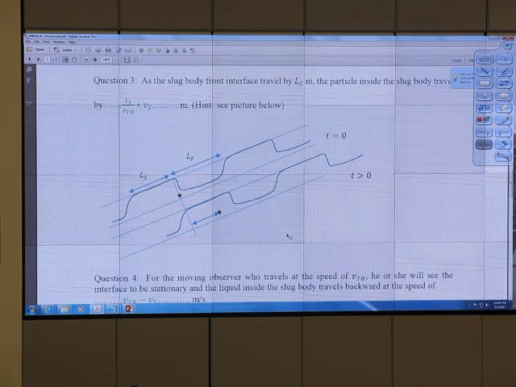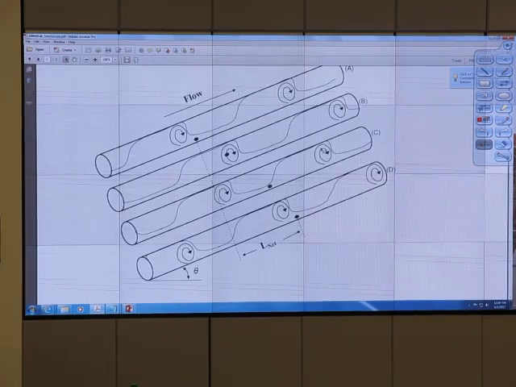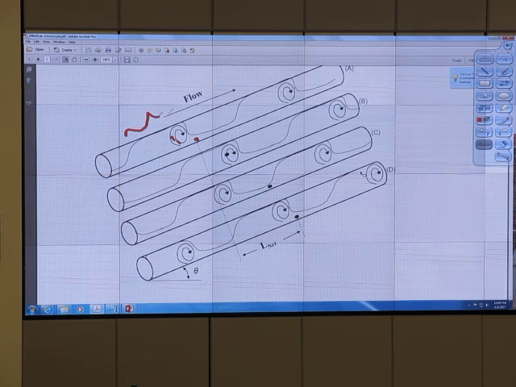What happened is, I want to show you that this front moves a lot faster than the fluid particle inside. Let's say we have some particle inside. So this particle stays over here.